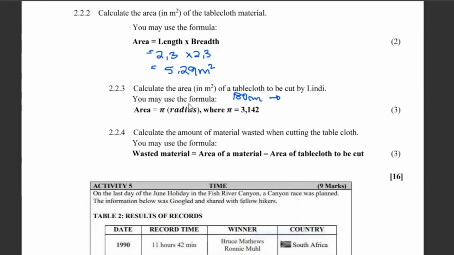Change this to meters, you divide by 100. So you have 1,8 meters. This is the diameter. We are not interested in the diameter because the question wants us to have the radius. So we shall divide this by 2. You end up having 0,9 meters.